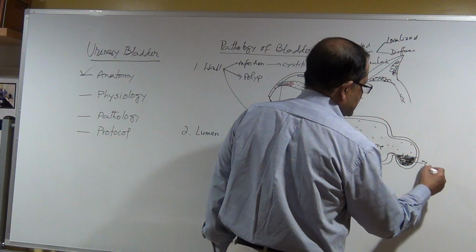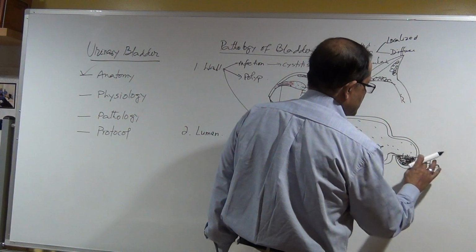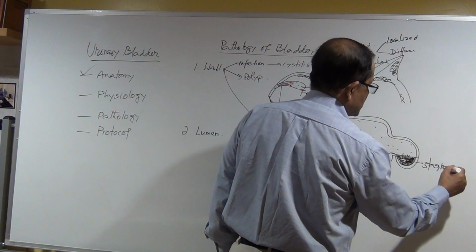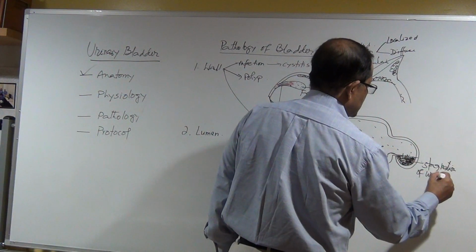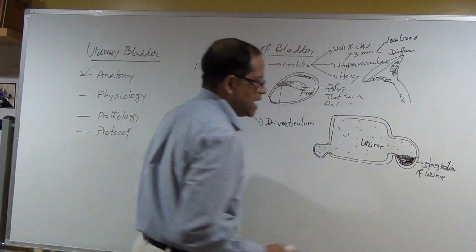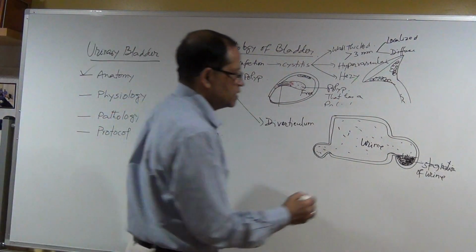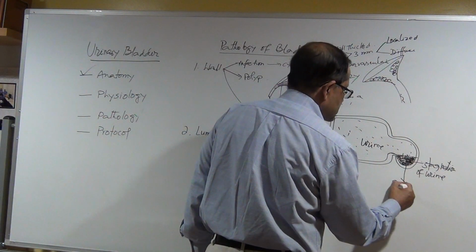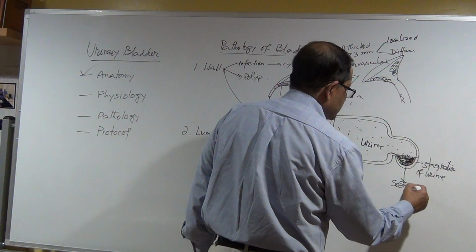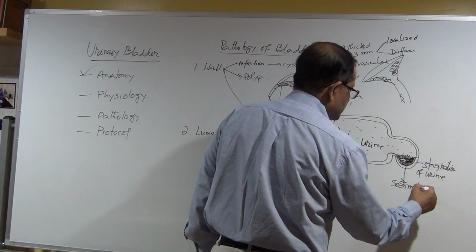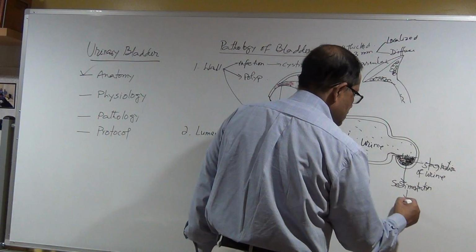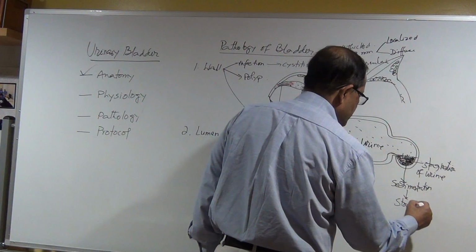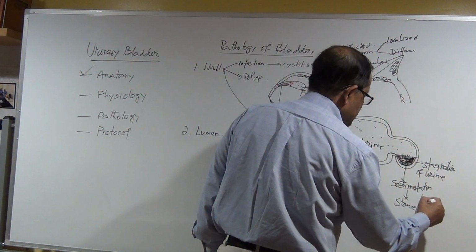This is stagnation of urine. If the urine is stagnant over there, what can happen? Sedimentation. Sedimentation forms stones or infection.